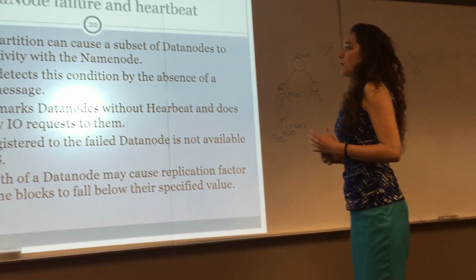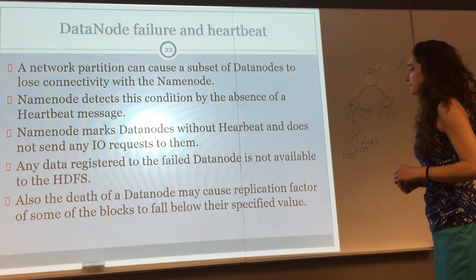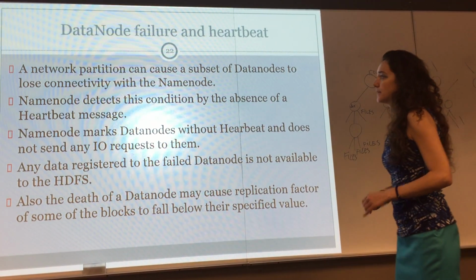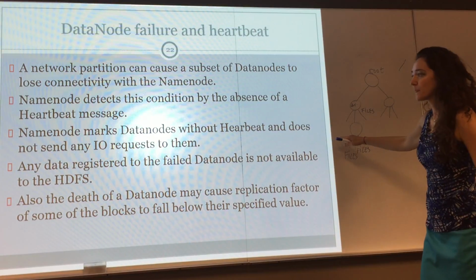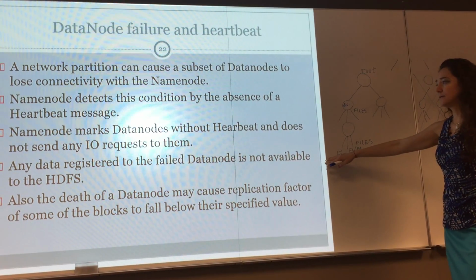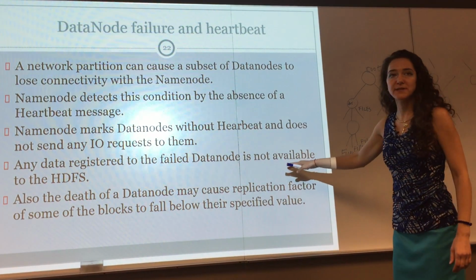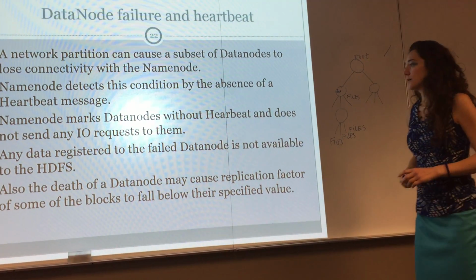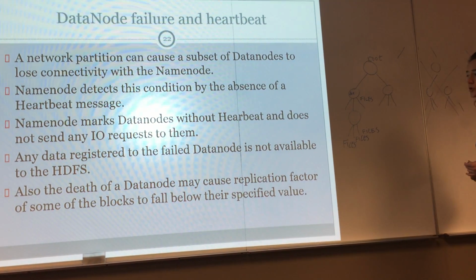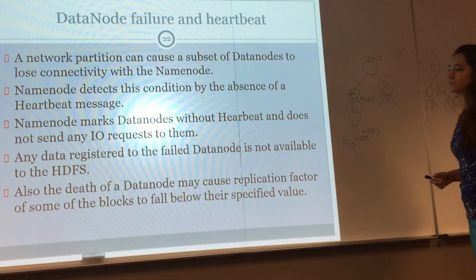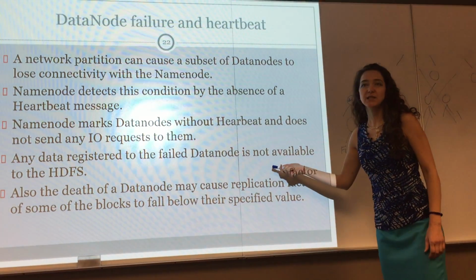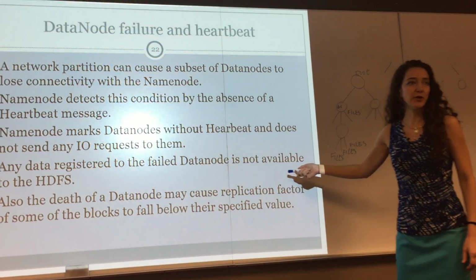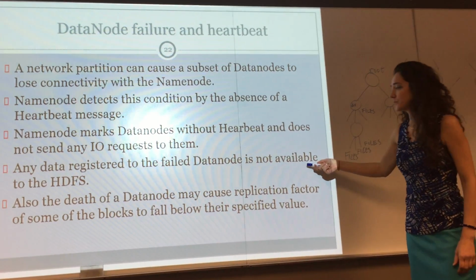The name node will mark these data nodes and does not send any more requests to them. Any data that was supposed to be obtained from the failed nodes is not available anymore, so we need to look for copies of this data in the other nodes.